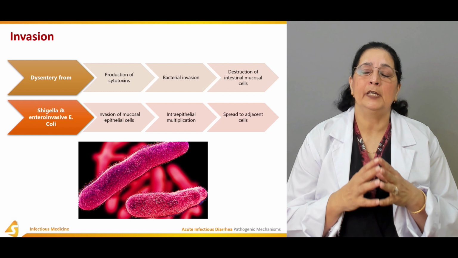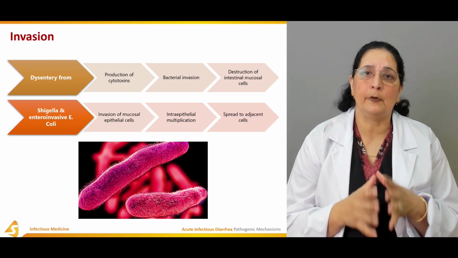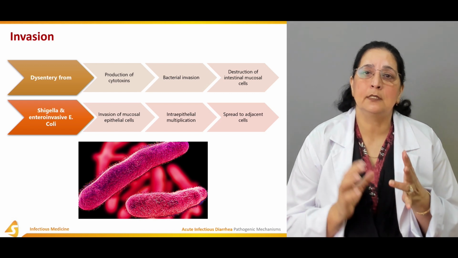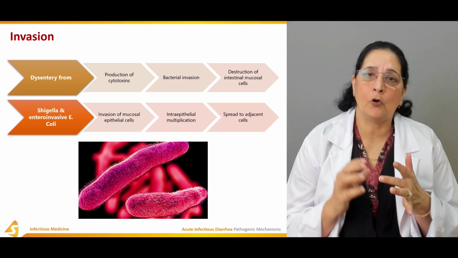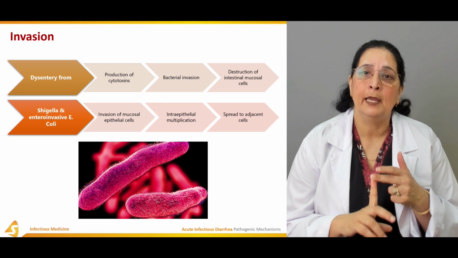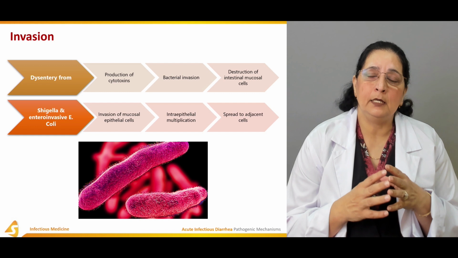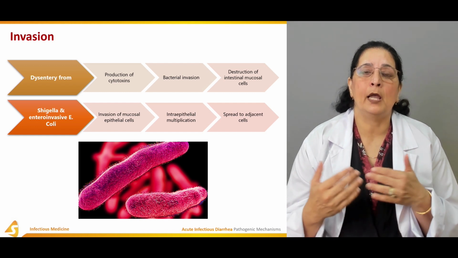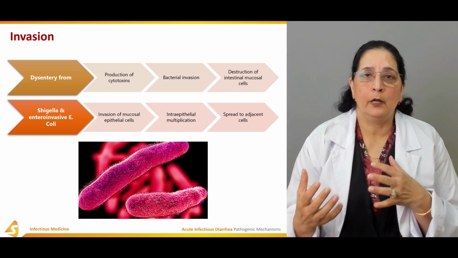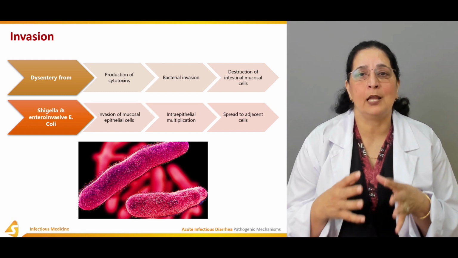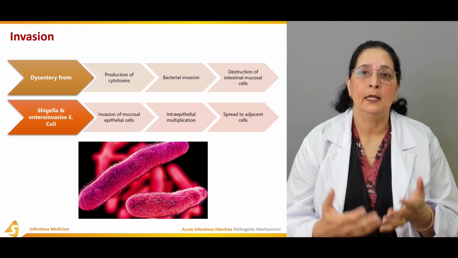So all these mechanisms, we talked about them in detail. We talked about cytotoxins, neurotoxins, microorganisms that function by invasion or penetration, and then the ones which have enterotoxin production, and they can cause infection like cholera toxin and then E. coli.